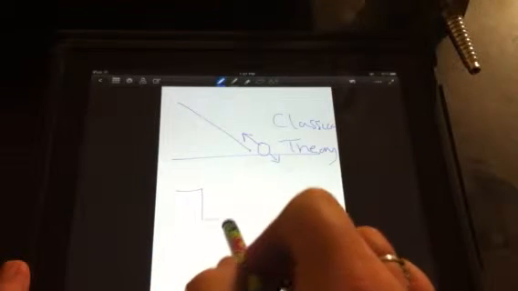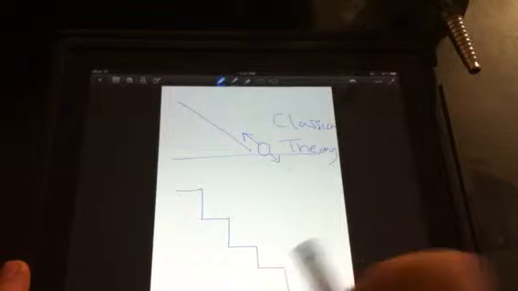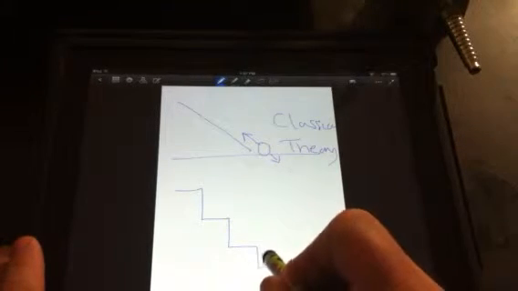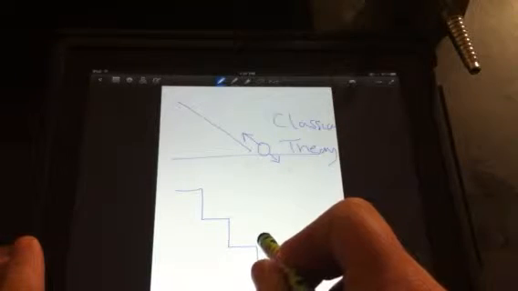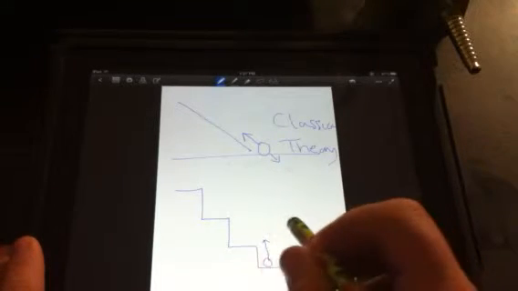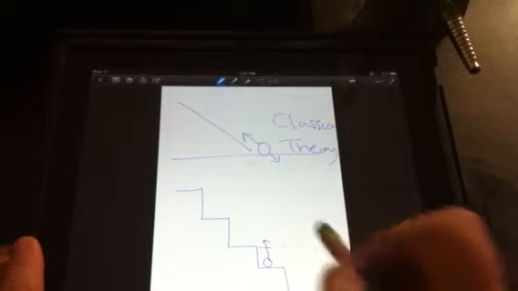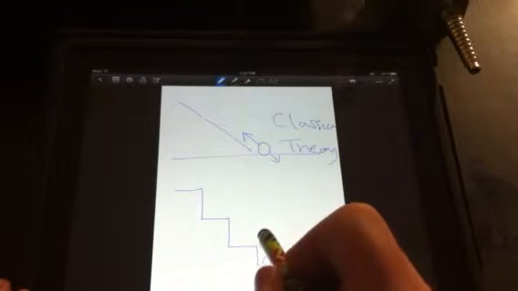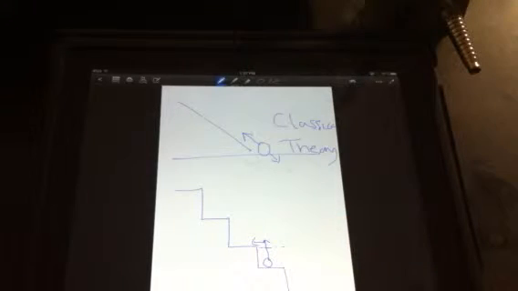That's not the way it works. He said instead there are packets of energy. So if you think of a set of stairs and we have our little bitty electron here, the only way that he can get to the next level is he has to have a little bit above that step. If he has a little bit above that step, then he gets to go to the next level. Okay?